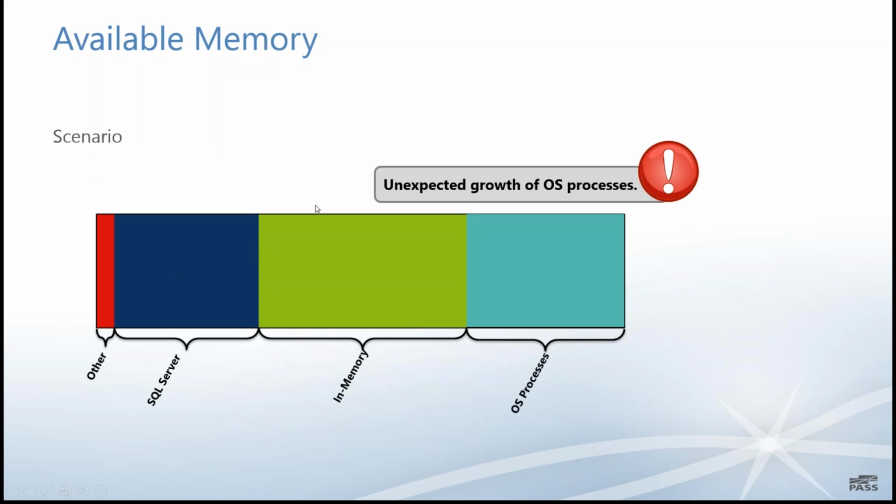The in-memory tables are taking space in memory, and this allocation has priority over the buffer pool. So if in-memory needs more space, space from the buffer pool will start to be stolen. So the pages from the buffer pool will start to be paged out from memory, and this will compromise the performance of the traditional tables as well.